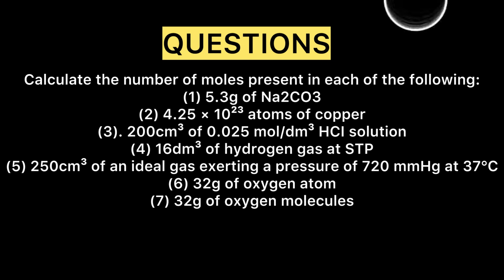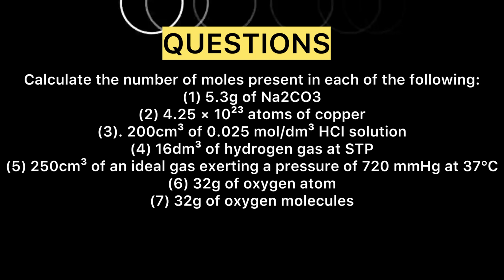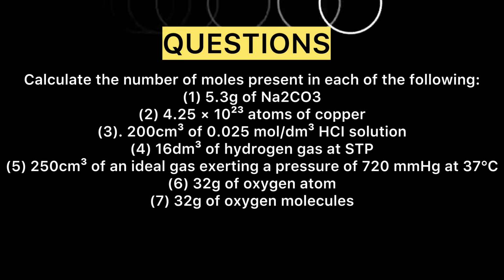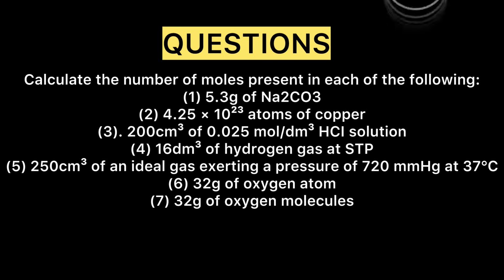You can just write out the question before we proceed. 200 cm cube of 0.025 mole per dm cube HCl solution, 16 dm cube of hydrogen gas at STP, 250 cm cube of an aldehyde gas exerting a pressure of 72 mm mercury at 37 degrees Celsius, 32 gram of oxygen atom, then 32 gram of oxygen molecule.